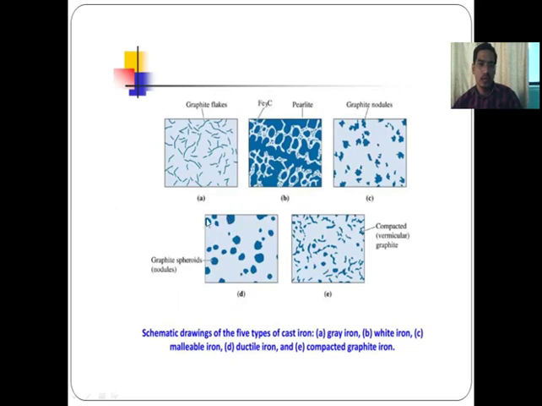This dark region is in spherical form, also called spheroids, made up of graphite nodules. And the last one is compacted graphite iron, which contains compacted or vermicular shape graphite. This dark phase is vermicular graphite. So this type is called compacted graphite cast iron.